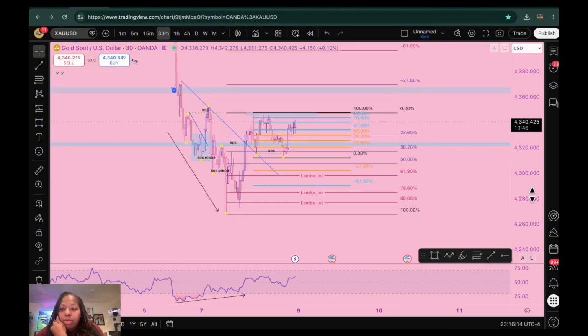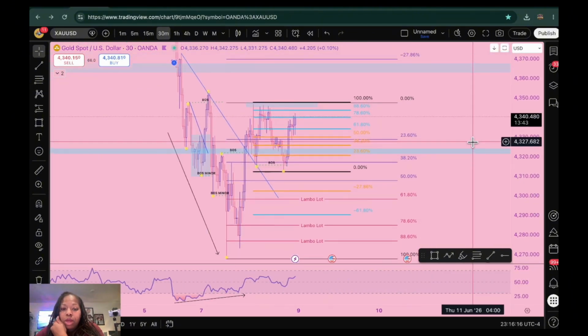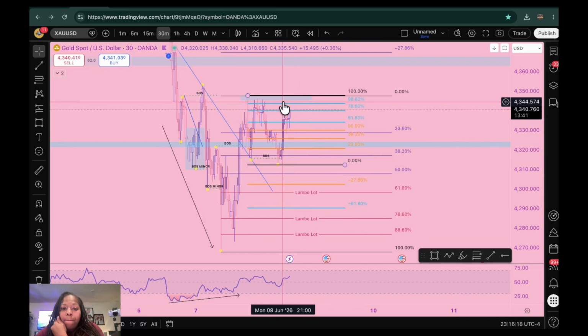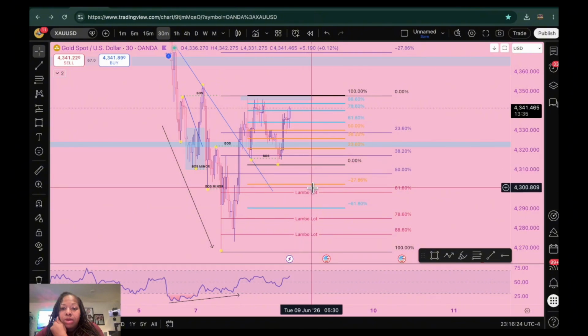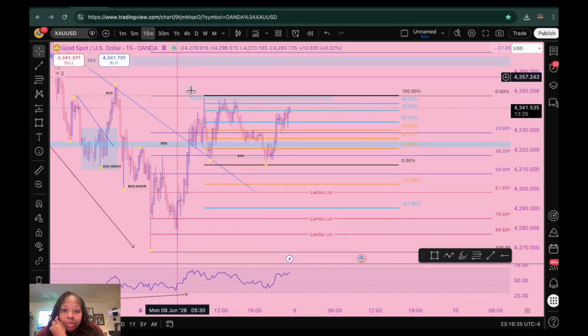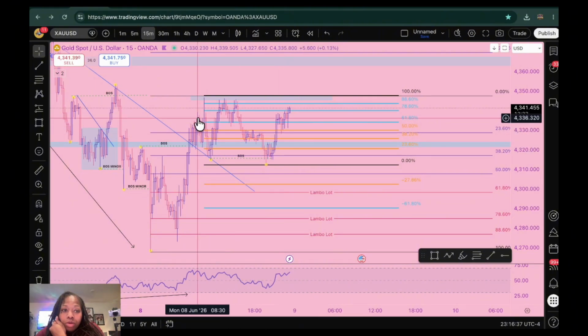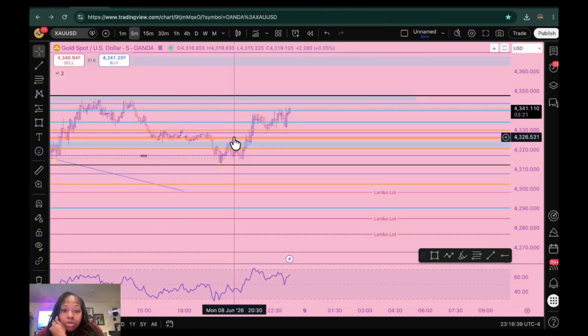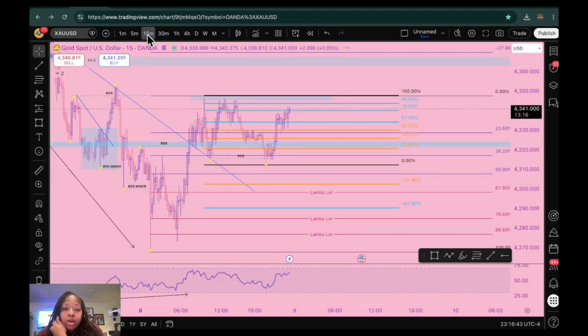So now I'm just sitting on my hands, and I'm waiting to see if we're going to respect this resistance and possibly push down to TP1 here, TP2, TP3, and I will be looking for an entry. Let's see, 5-minute. Yeah, I have my entry variation somewhere in here, so I'll be setting alerts.